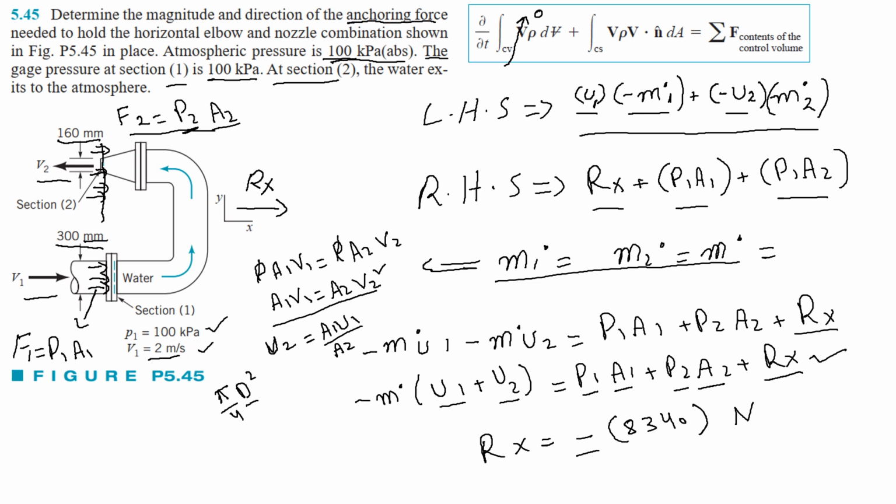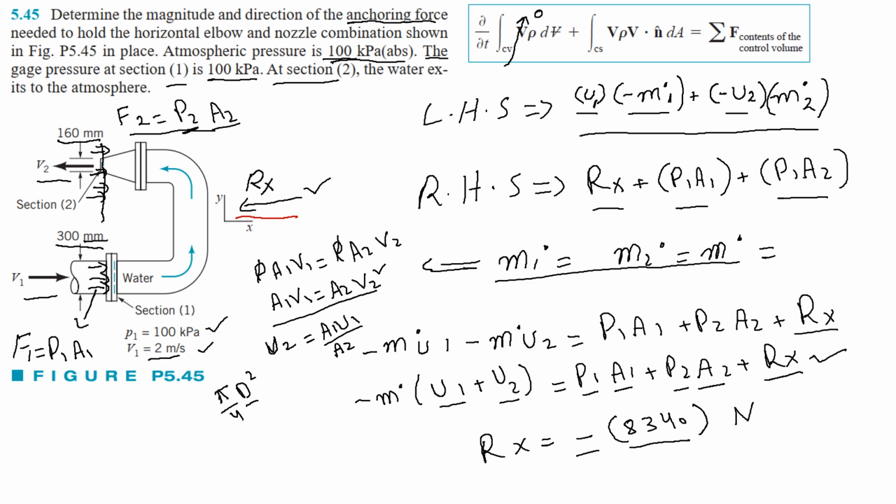It means that my initial assumption that Rx is along the positive x-axis is wrong, and the anchoring force that is required for this assembly is Rx, but its direction is not along the positive x-axis, but along the negative z-axis like this. So this is the anchoring force direction, and the magnitude is 8340. So this was our problem from your exercise problem 5.45.